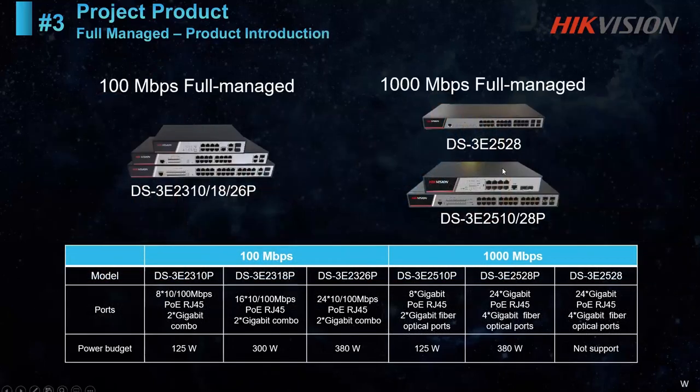Okay, here you can see our fully managed features in our project product lineup. On the left side of the table, you can see the 100 Mbps variants, and on the right-hand side you can see the 1000 Mbps variants.